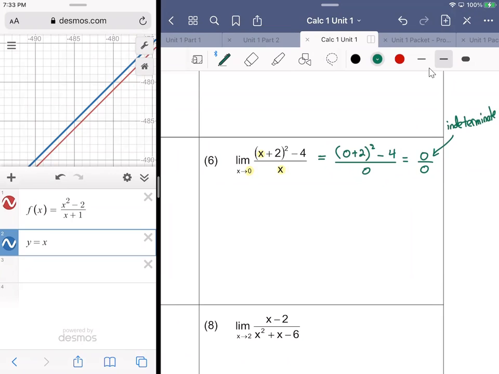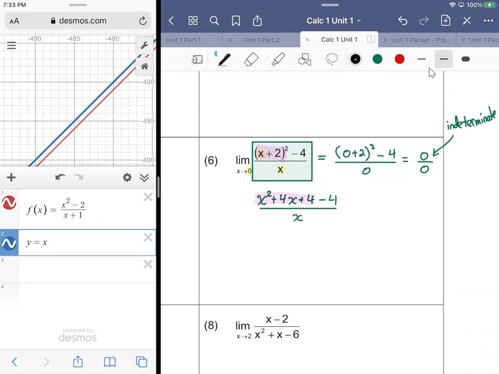So what we'll do is we'll simplify this function. Sometimes that'll require you to factor. Sometimes it'll require you to distribute. This one's already in a factored form, so let's distribute it out. If I distribute x plus 2 squared, I'm going to get x squared plus 4x plus 4. Everything else would stay put.